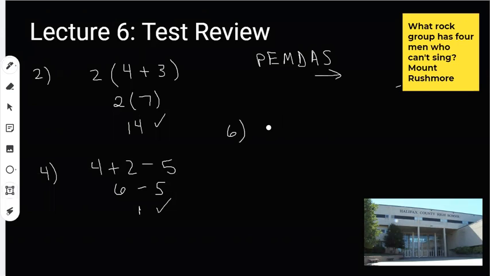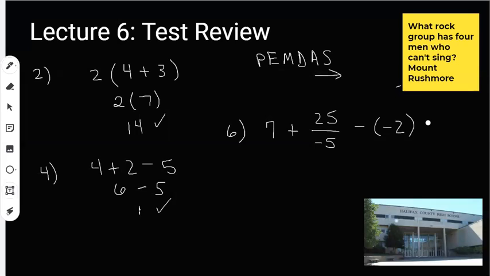Number 6 says we have 7 plus 25 divided by negative 5 minus a negative 2. Keep in mind that when we do order of operations, we always do multiplication and division before we do addition and subtraction. Looking at this, which one are we going to do first?